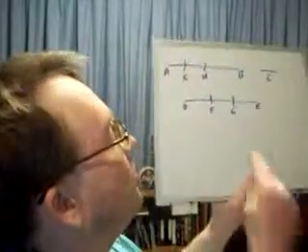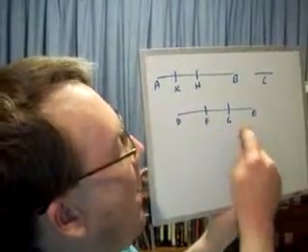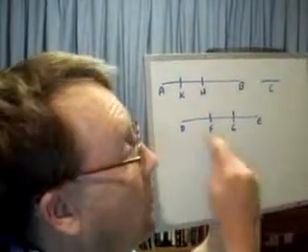And since GD is greater than AH, and there has been subtracted from GD the half GF, so GF here is half of GD, or DG, whatever you want to call it.